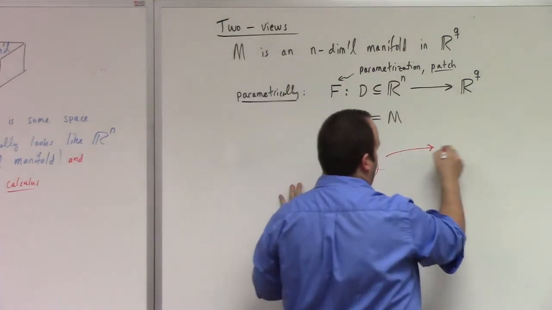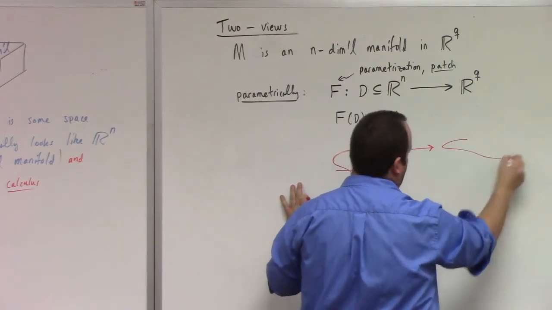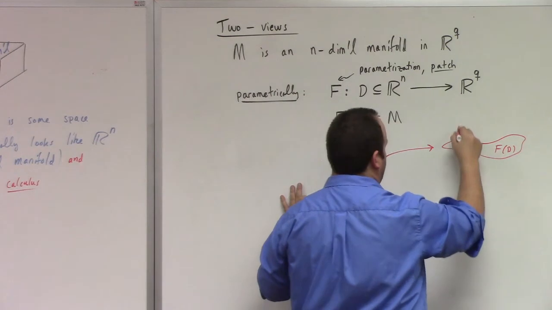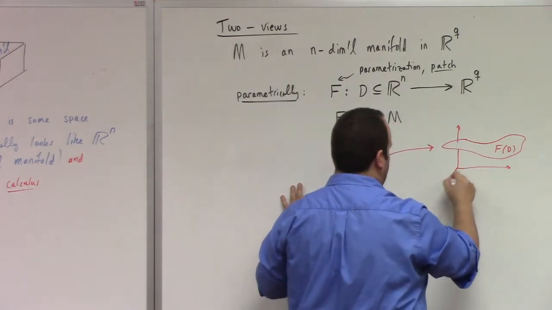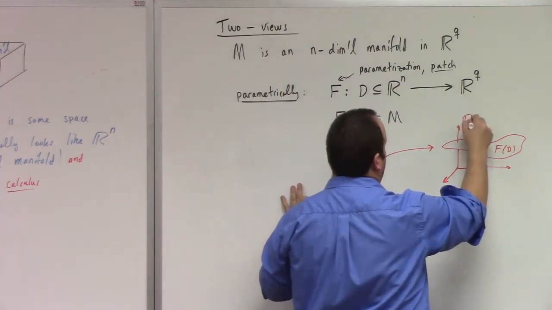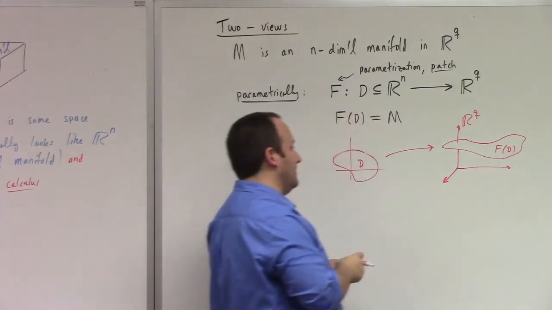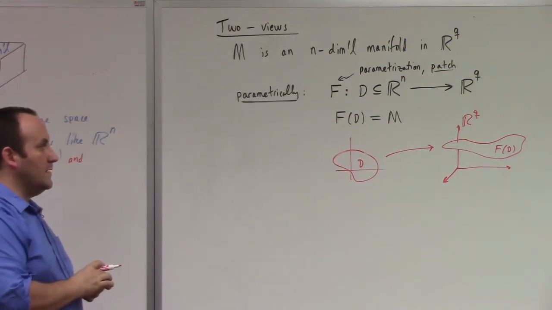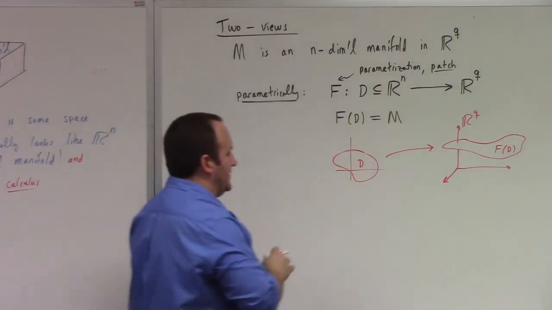And then we're mapping it to some kind of, here's F of D, right, over here in the big space. So it would seem like in order to satisfy your definition of manifold, n would have to be less than or equal to Q, right? Because otherwise you couldn't have it look like it. Yeah, I think that's fair. n would have to be less than or equal to Q.